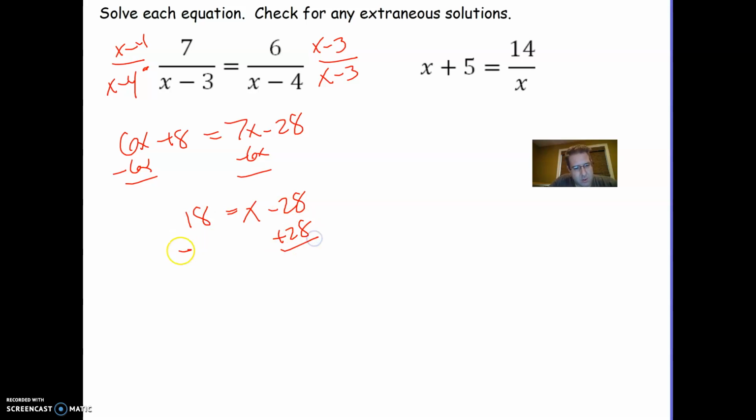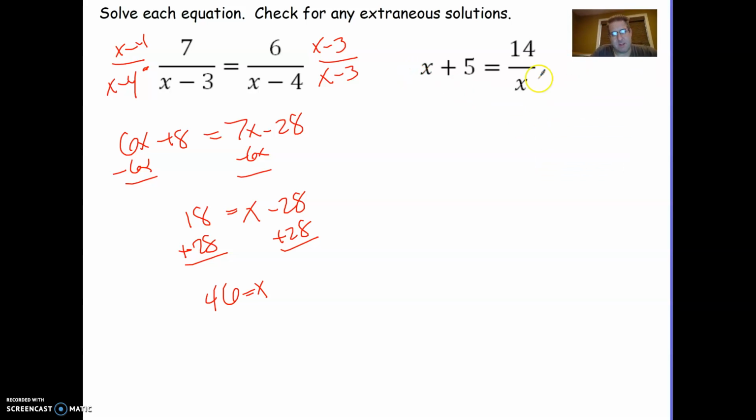Add 28 to both sides, and you've got your answer. So we've got x equals, in this case, 46. Now, if I put 46 back in for x, does it make any sense? Yes, it does, because 46 minus 3 works, and 46 minus 4 is not 0. As long as my answer is not going to be 0, then it is fine.